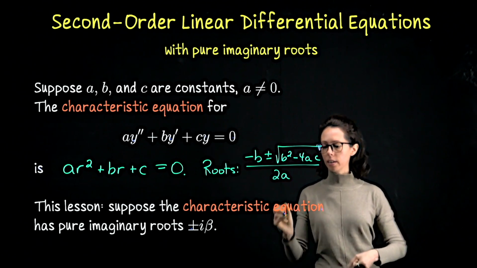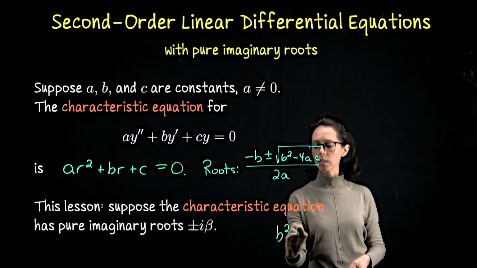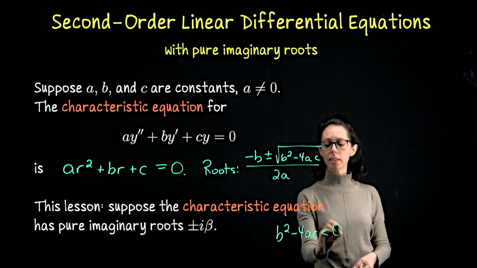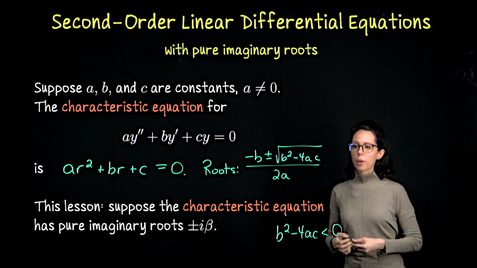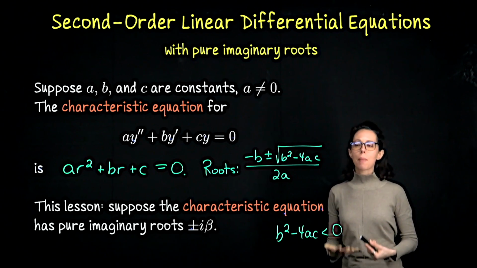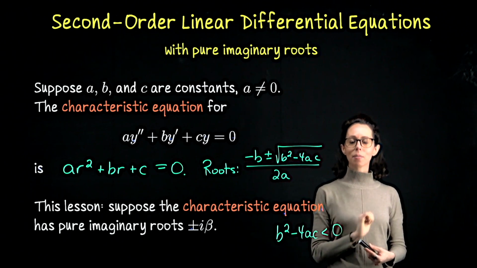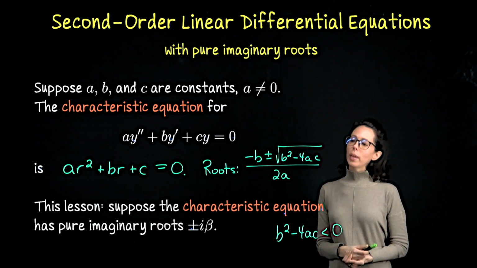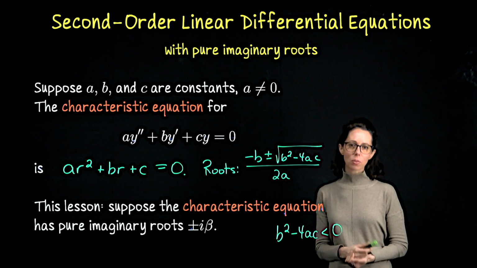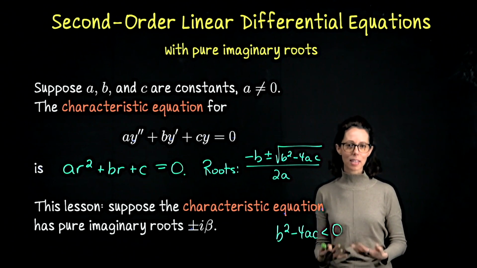So in particular, imagine that b² − 4ac was less than 0, so that when we take the square root, we're going to pick up an imaginary term in the numerator right here. In the next video, I'm going to give you that broad view of what happens when the discriminant is less than 0.